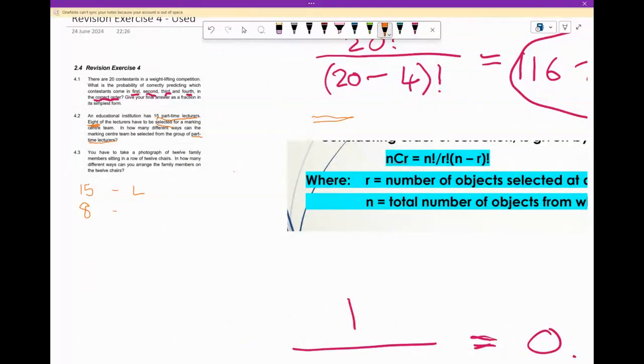We have 15 that we can select from, but the combination we need is of 8.